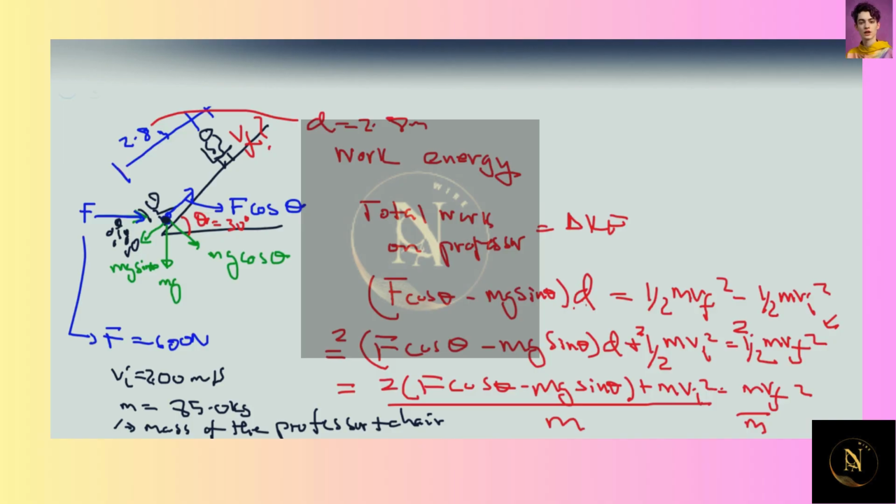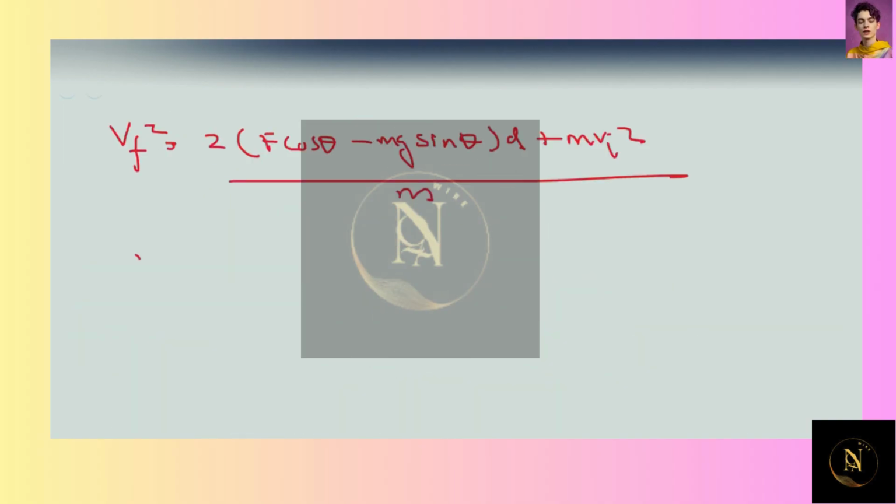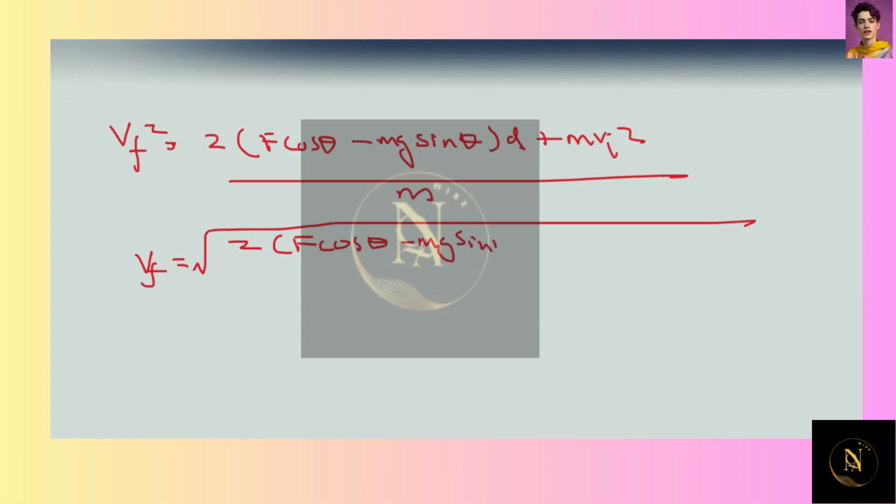That happens to be our v final squared. So v final equals the square root of 2 times (f cosine theta minus mg sine theta) times the displacement up the ramp, plus mv initial squared, all over m. So we're almost there.